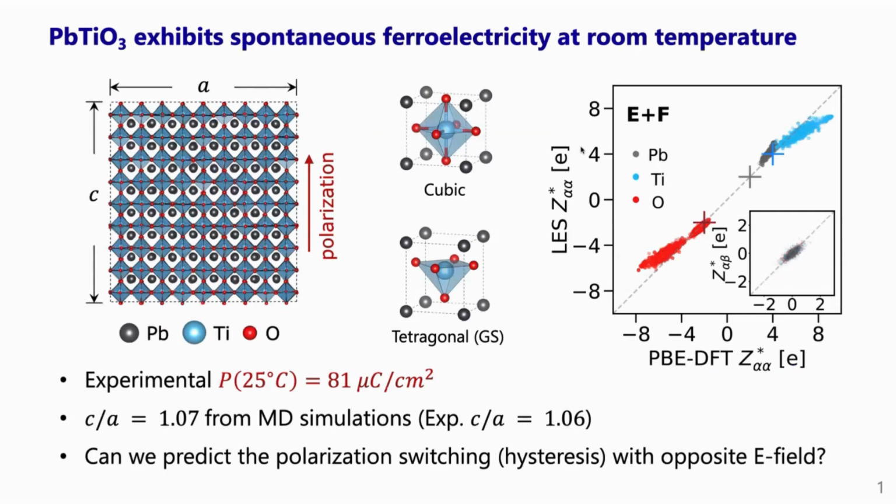So another application, this is a very tough system to work with. This is a ferroelectric material. Now, in the condensed matter community, it always has been a little bit of a mystery why ferroelectric materials have anomalously large Born effective charge.